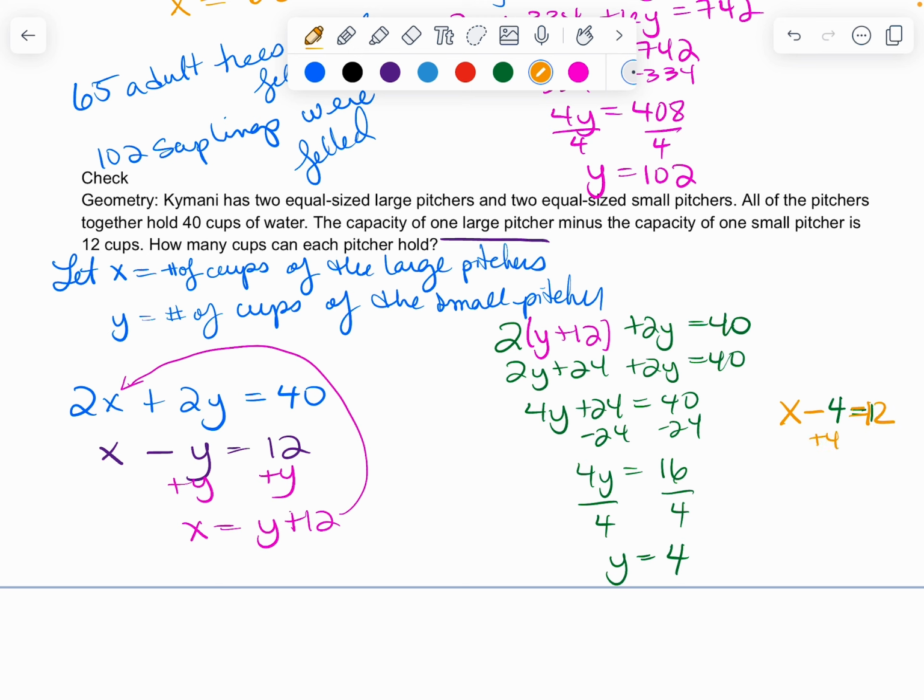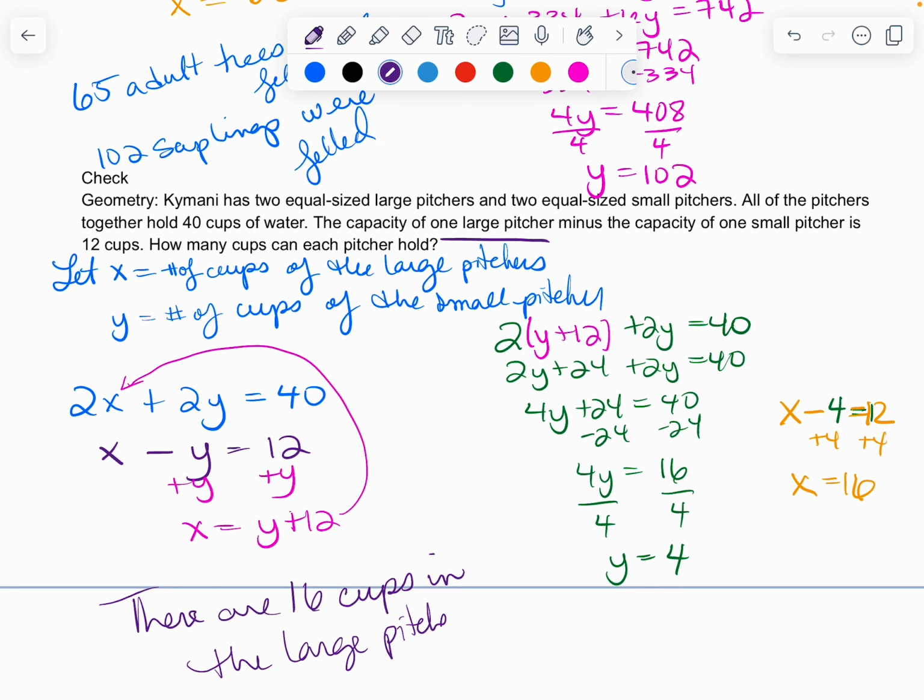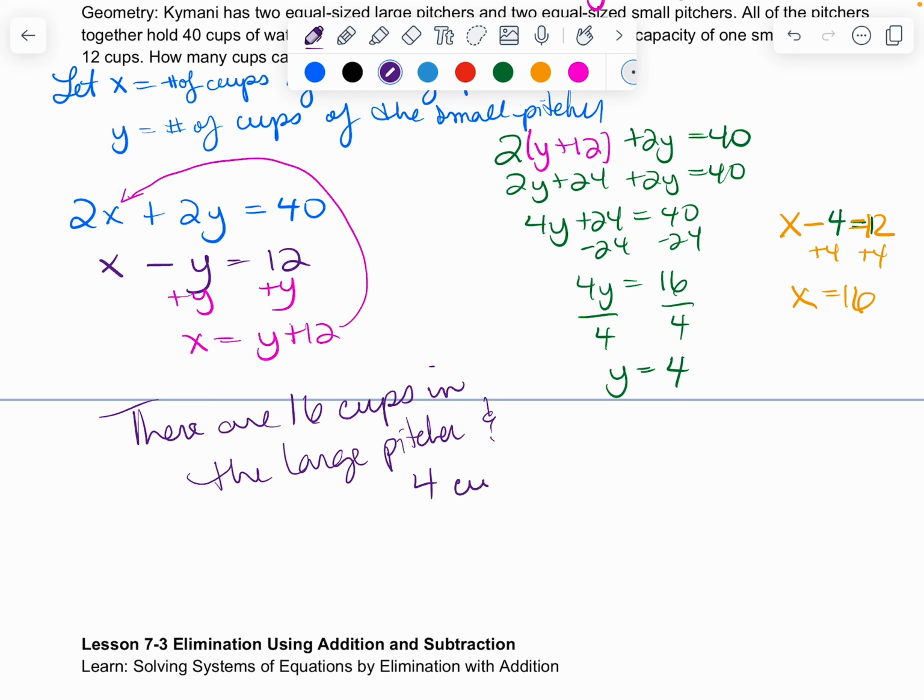So I'm going to add 4 to both sides, and I get x equals 16. So the answer to that would be there are 16 cups in the large pitcher and 4 cups in the small pitcher.